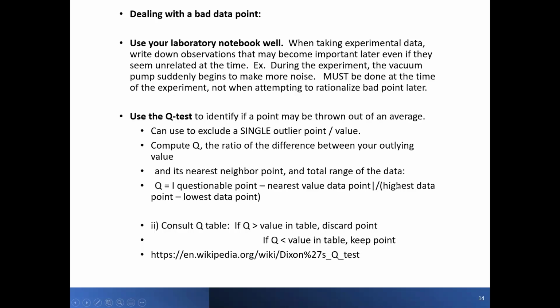The range is the highest data point minus the lowest data point, which includes the questionable data point. Then you can look up the Q table. If Q is larger than the value in the table, you can discard the point. If Q is smaller than the value in the table, you need to keep the point. There is a Q table available on Wikipedia. I put the link there.